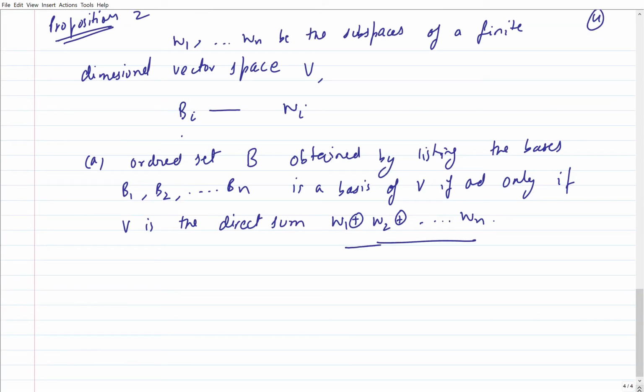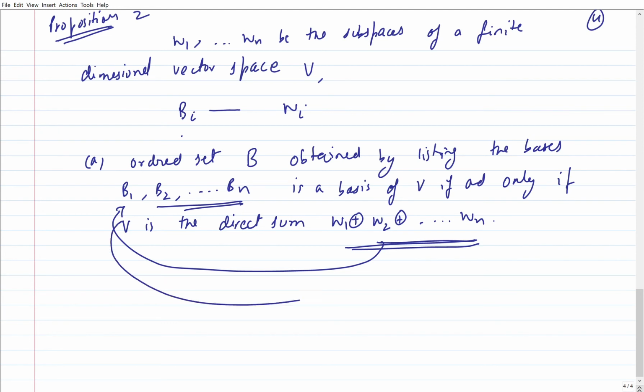So if this is a direct sum, then this is a basis, and if this is a basis, then this is a direct sum.